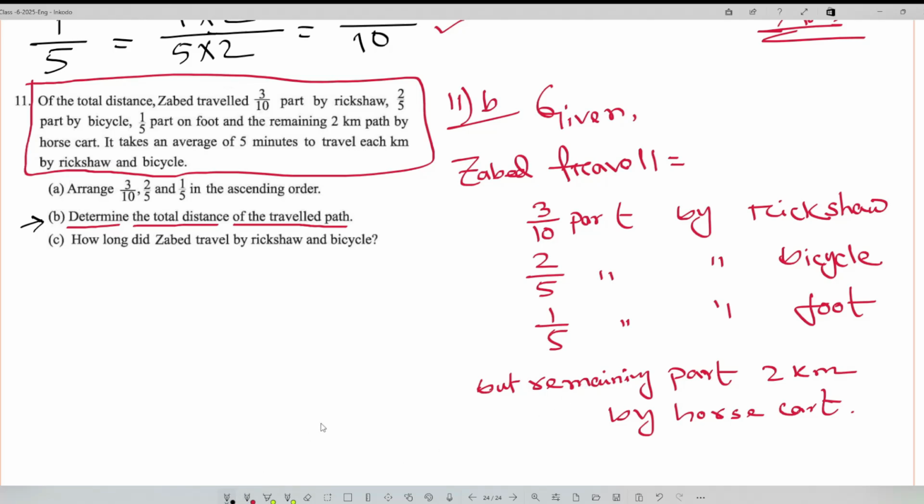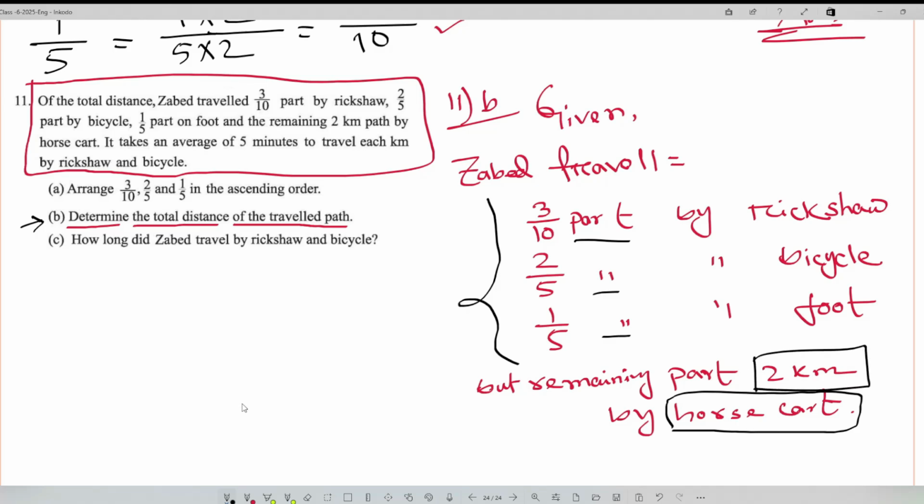So there are two things. We don't know how much path he traveled by horse cart in fractions, because everything is mentioned by part, but for the horse cart the kilometer is directly mentioned. Suppose this is the distance, starting from here and ending here.